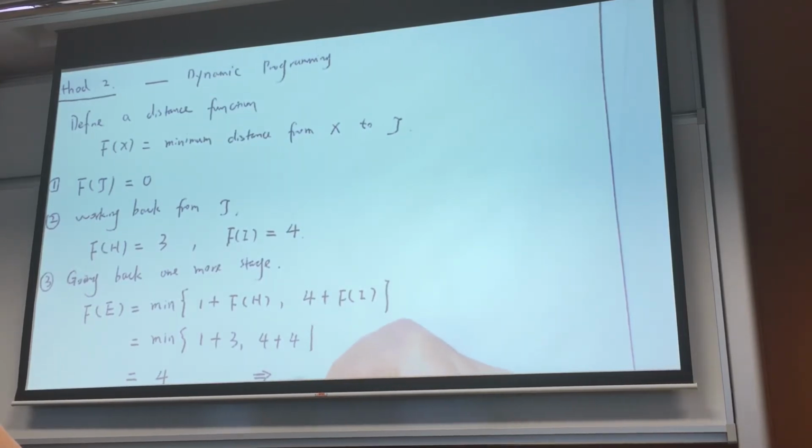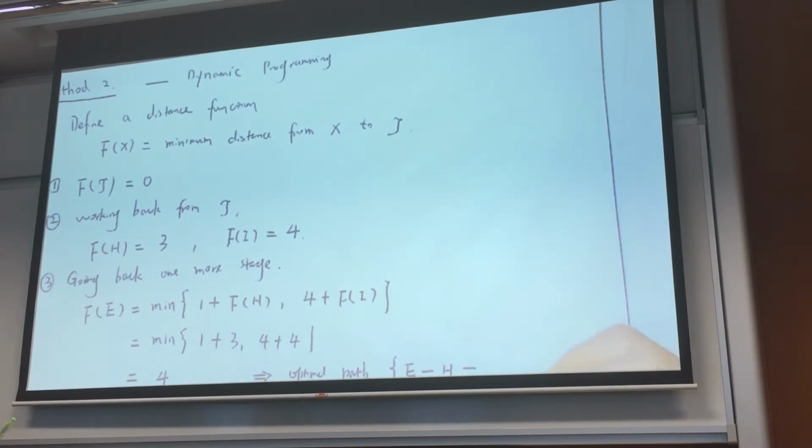These are the optimal paths from E to the destination, given by E to H and then to J.